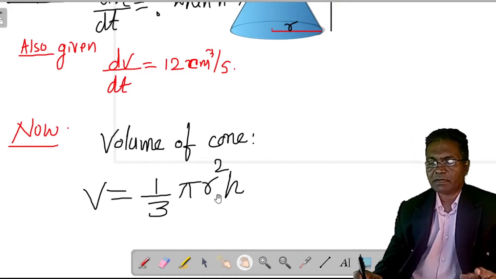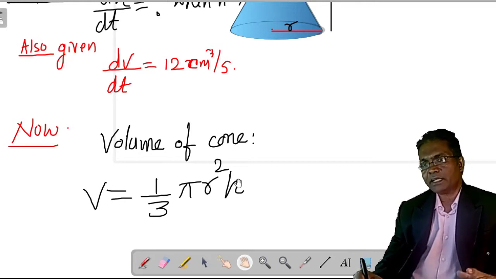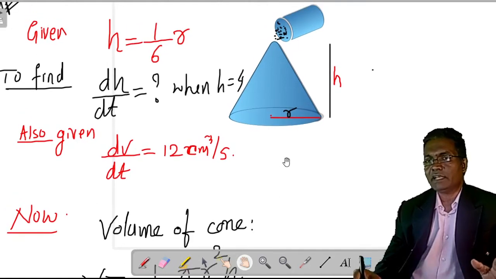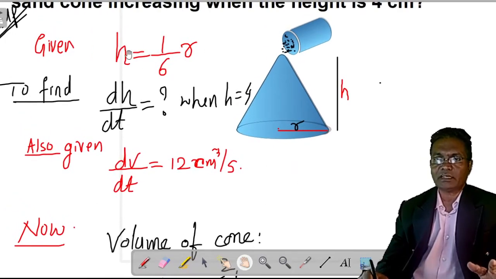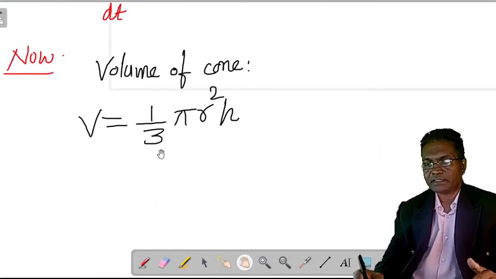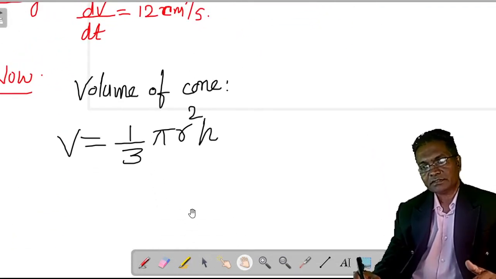You need to convert it in terms of h because there are 2 variables, r and h, and we are not given any value of r. But we are given the relation between h and r: h is 1/6 of r.